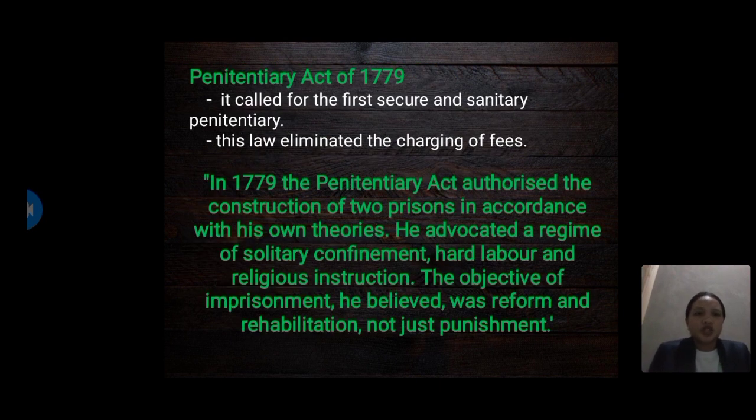So the Penitentiary Act of 1779 called for the first secure and sanitary penitentiary. This law eliminated the charging of fees. The Act authorized the construction of two prisons in accordance with his own theories.